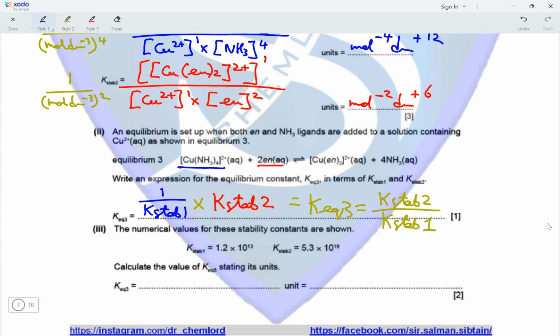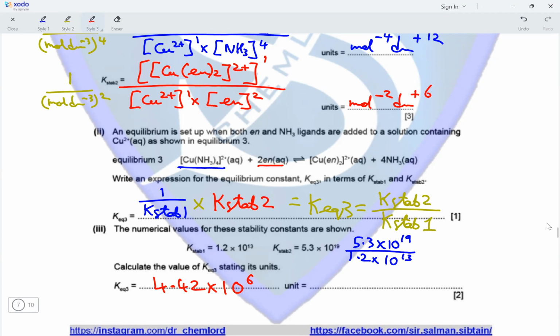So we would calculate K step 2 upon K step 1. So this would be 5.3 × 10^19 divided by 1.2 × 10^13. We end up with a numerical value of 4.42 × 10^6.